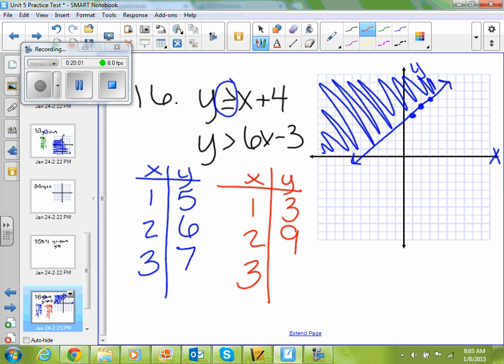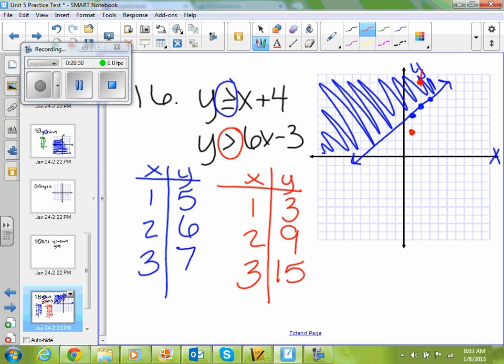If I plug in 3 for x, 6 times 3 is 18, and 18 minus 3 is 15. So I'm going to go over 1, up 3, over 2, up 9, and over 3, up 15 will be off my graph. Then if I look at my inequality, is it a solid line or a dashed line?